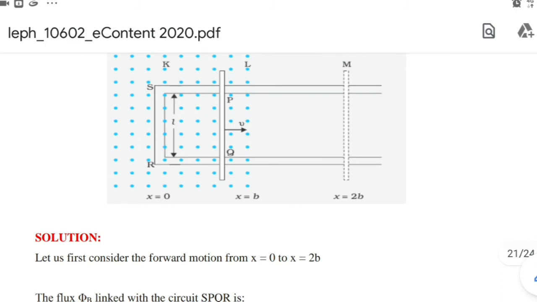From here to here, in this direction, from x equal to 2b to b, the expression for flux is BLb itself.